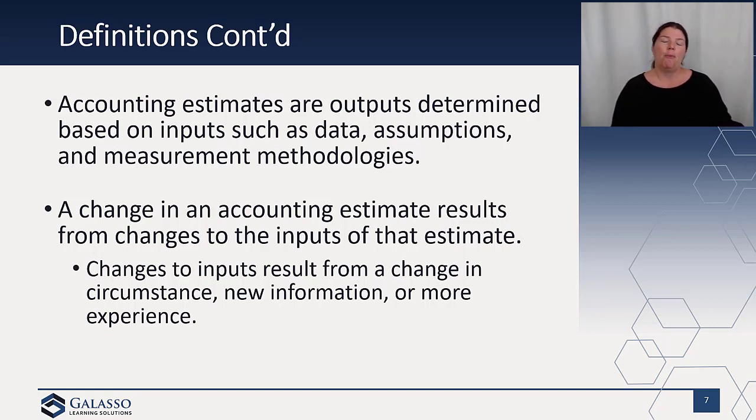So again, a little bit of a different perspective here. Changes to inputs could be because we get new information or a change in circumstance, or we know a little bit more, right? So the allowance for doubtful accounts gets better the more experience we have with a particular customer. So as we get better or new information, these accounting estimates get updated.